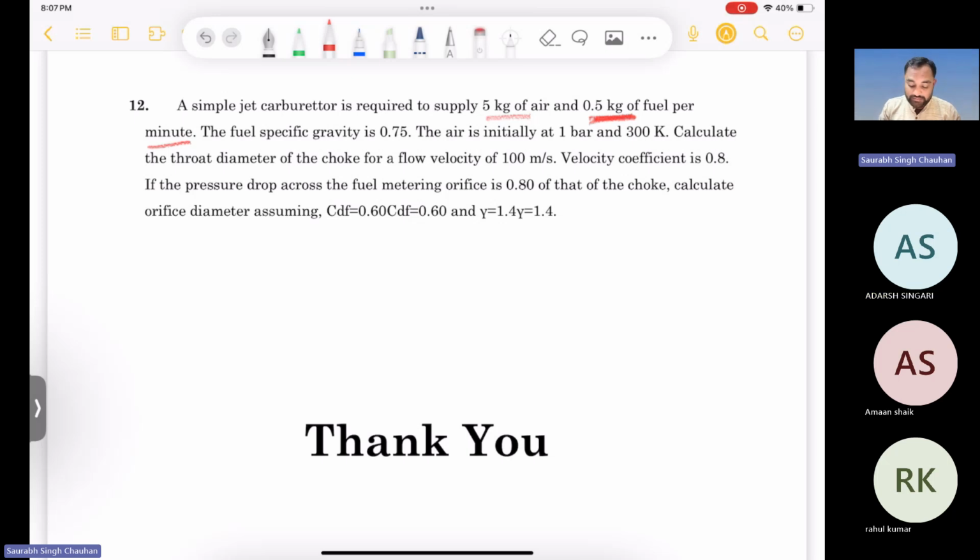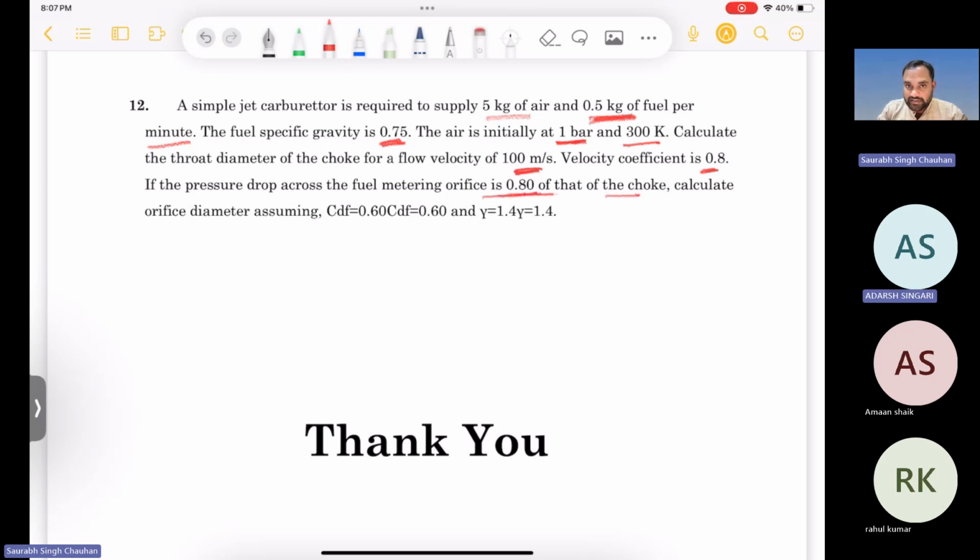I don't know which engine this is. Anyways, the fuel specific gravity is 0.75. So this is density, specific gravity means density. The air is initially at 1 bar at 300 Kelvin. Calculate the throat diameter of choke for flow velocity of 100 meter per second. Velocity coefficient is 0.8 if the pressure drop across the fuel metering orifice is 0.8 of that of choke.